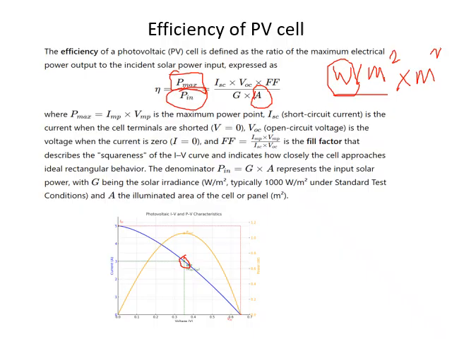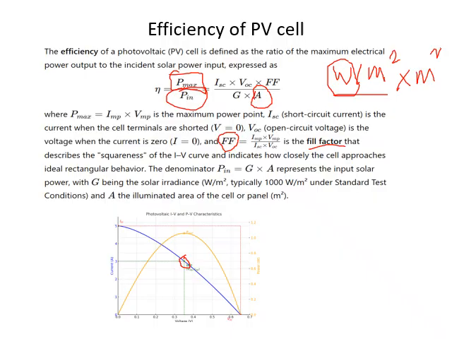Now if I don't want to write this expression as IMP or VMP, then I need to introduce a factor, the fill factor. The fill factor is the ratio between IMP VMP over ISC VOC. Remember, ISC and VOC are the maximum possible current and voltage coming out of a photovoltaic cell, and they won't occur simultaneously. You cannot have maximum current when you are having maximum voltage.